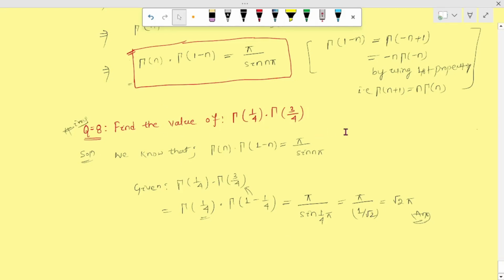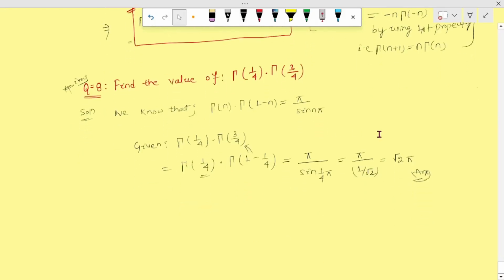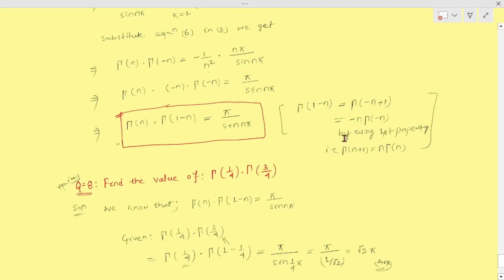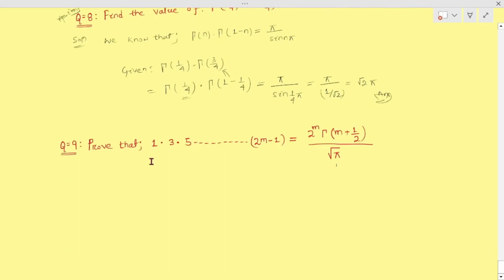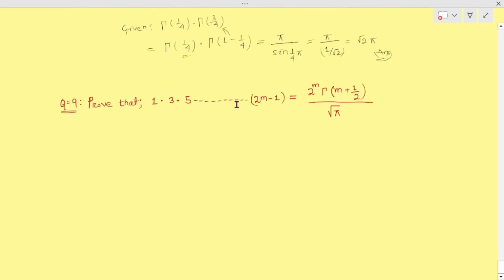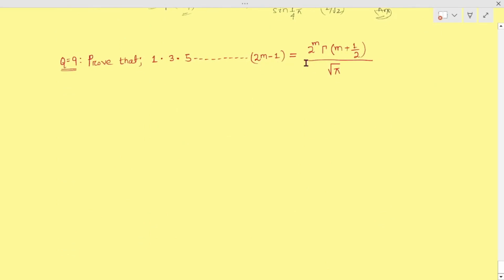Now we are going to go for our next question, question number 9. In question number 9 it has been given that we have to prove 1 into 3 into 5 up to 2m minus 1 equal to 2 to the power m gamma m plus 1 by 2 by root pi. Let us start to prove it.